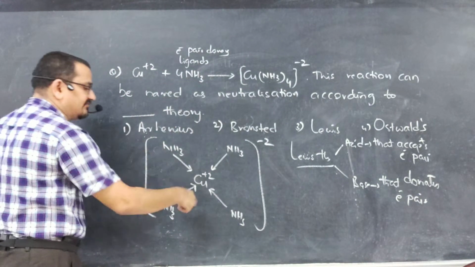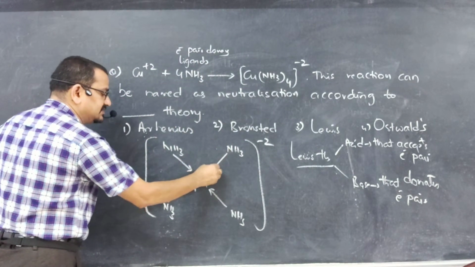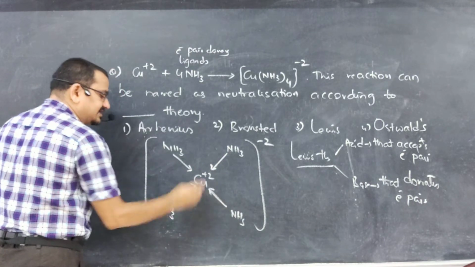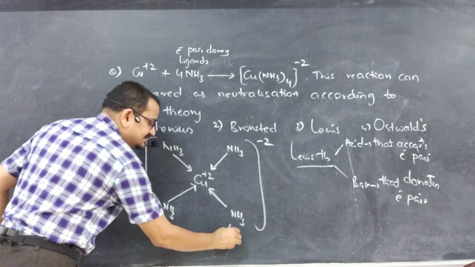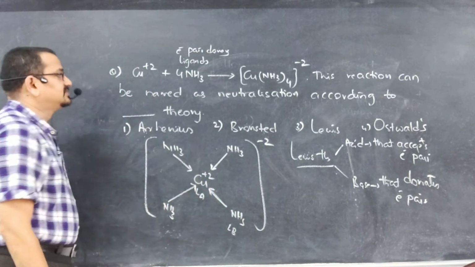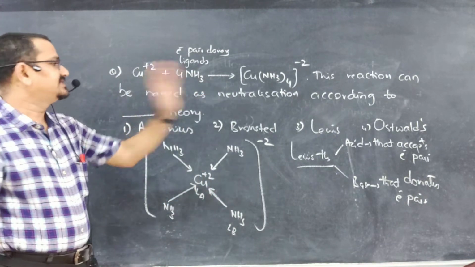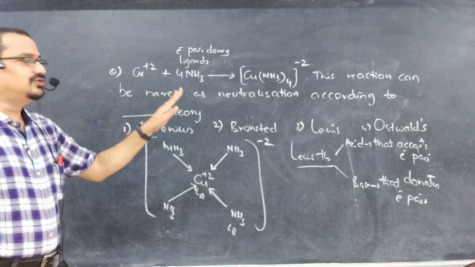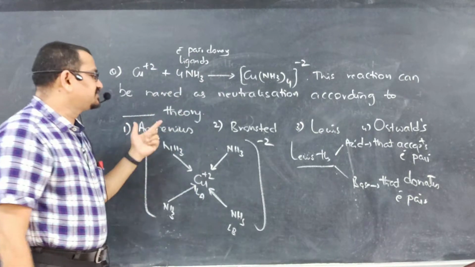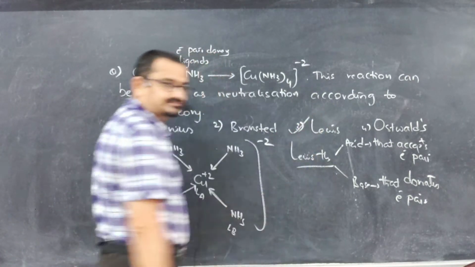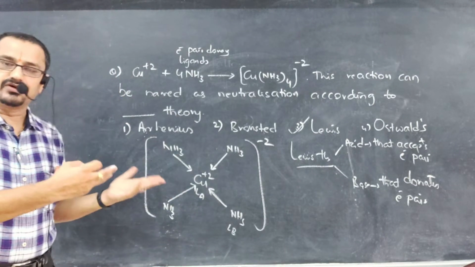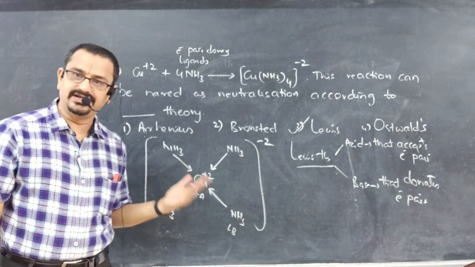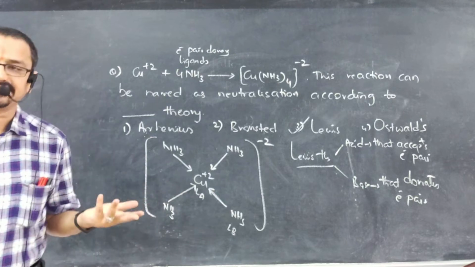So, in this complex formation, a dative bond is being generated between the Lewis base and a Lewis acid. So, this reaction can be named as neutralization according to which theory? Lewis theory. So, earlier we did Bronsted-Lowry theory questions. Now we did Lewis theory questions. Let us see the next question.